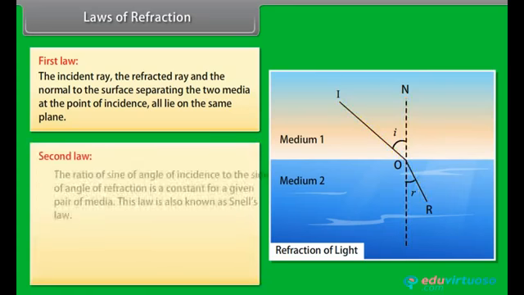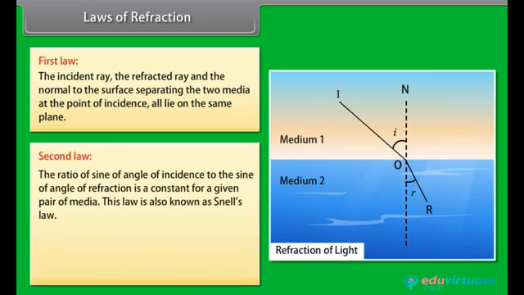Second law: the ratio of the sine of the angle of incidence to the sine of the angle of refraction is a constant for a given pair of media. This law is also known as Snell's law. Sin i upon sin r is equal to mu, where mu is a constant called the refractive index.